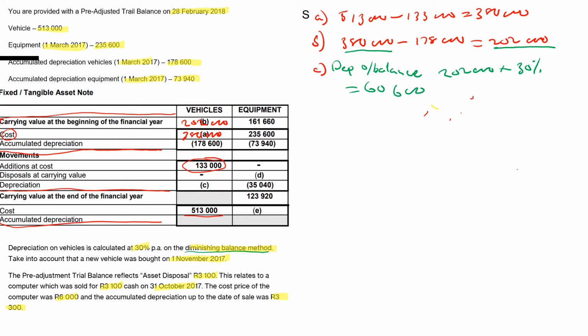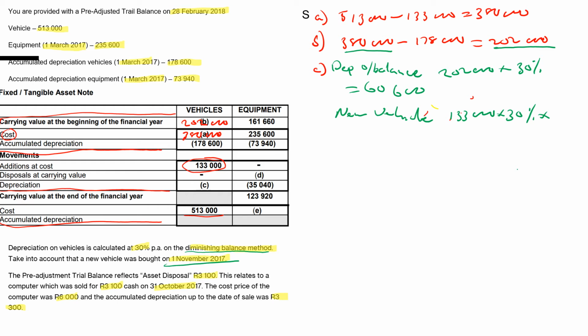For the new vehicle, that will be 133,000 times 30% times the period. The new vehicle was bought on 1 November and our year is ending on 28 February.